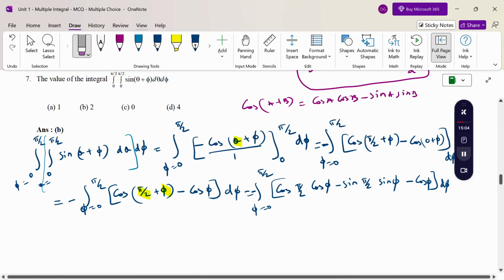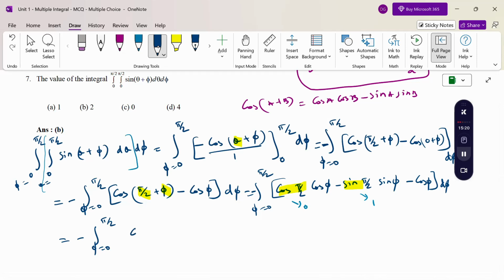Here the value of cos pi by 2 is 0 and sin pi by 2 is 1. Therefore minus integral 0 to pi by 2 of cos pi minus sin pi.